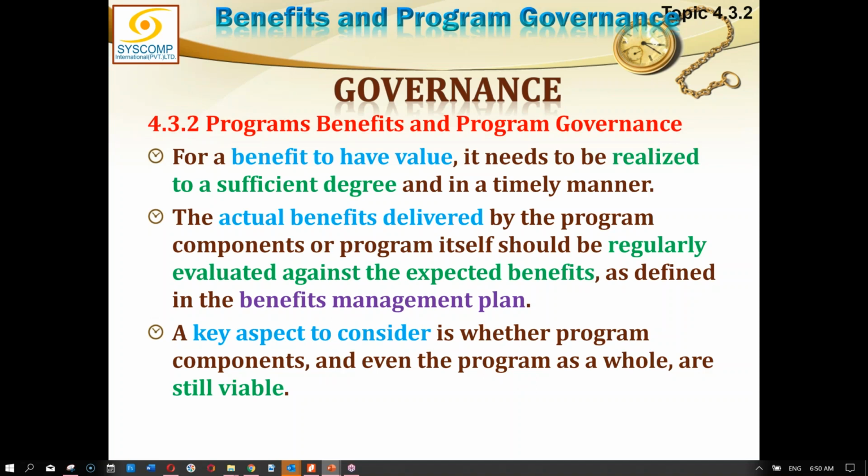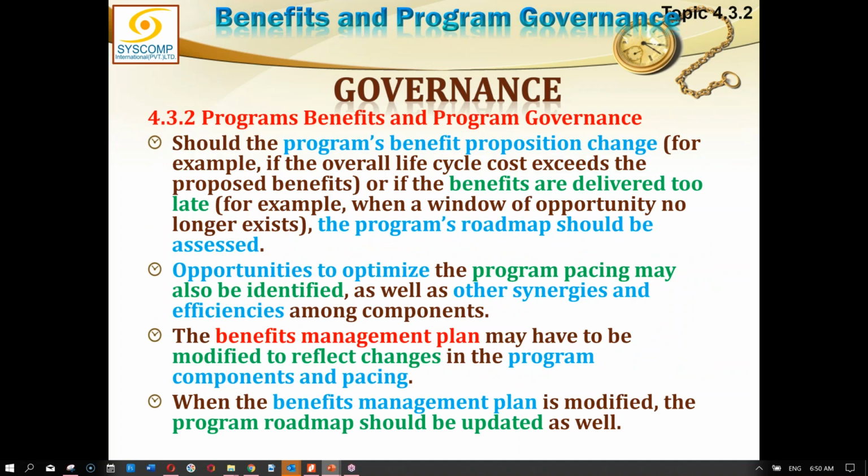A key aspect to consider is whether program components and even the program as a whole are still viable. Should the program benefit proposition change? That is about change management. If the overall life cycle cost exceeds the proposed benefit, or if the benefits are delivered too late, so whatever the case is, the program roadmap should be assessed.